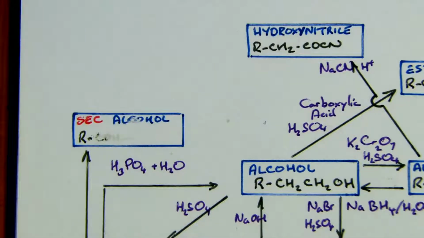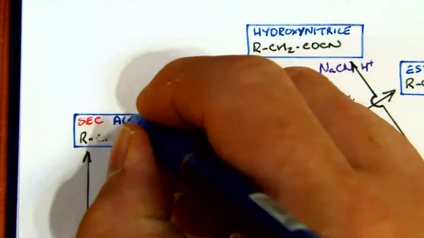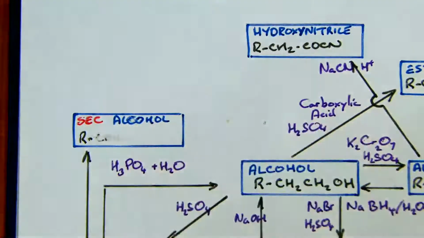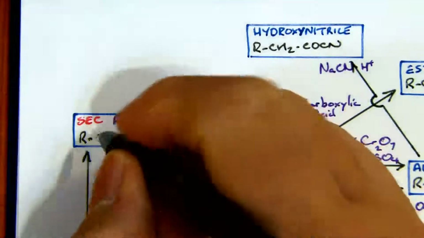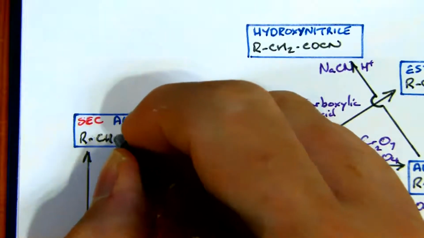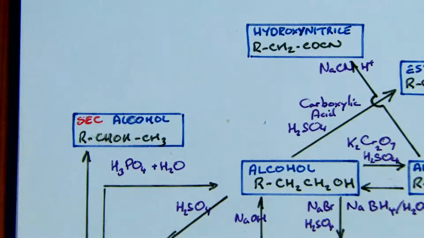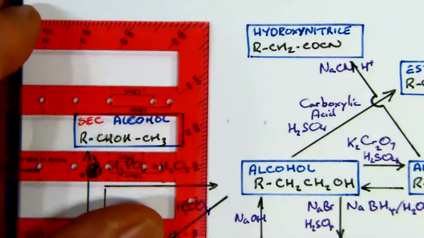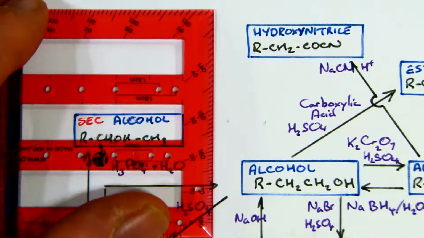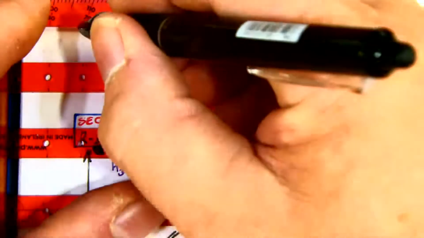Right, okay, so this was our secondary alcohol, and this is going to be my RCHOHCH3, and if I can then use that one, I can make simply up here a ketone.